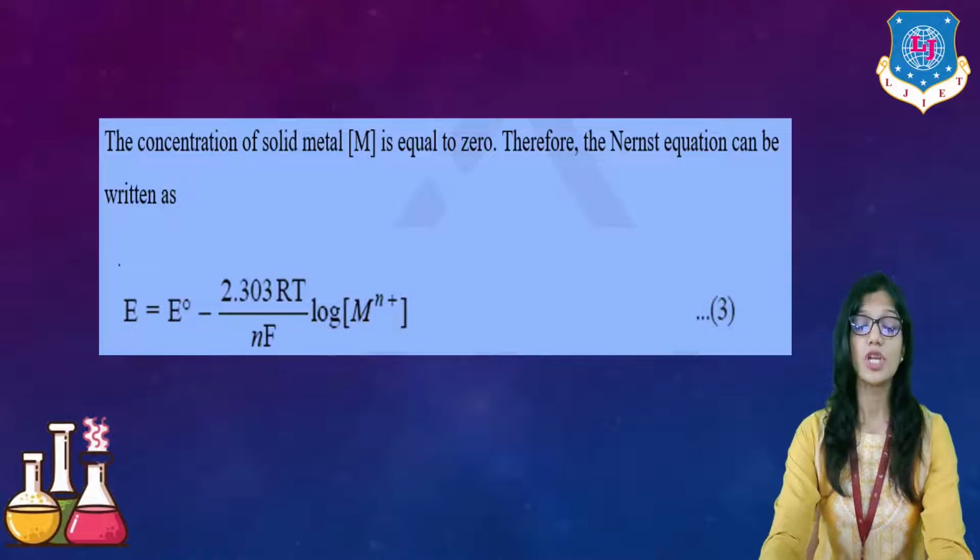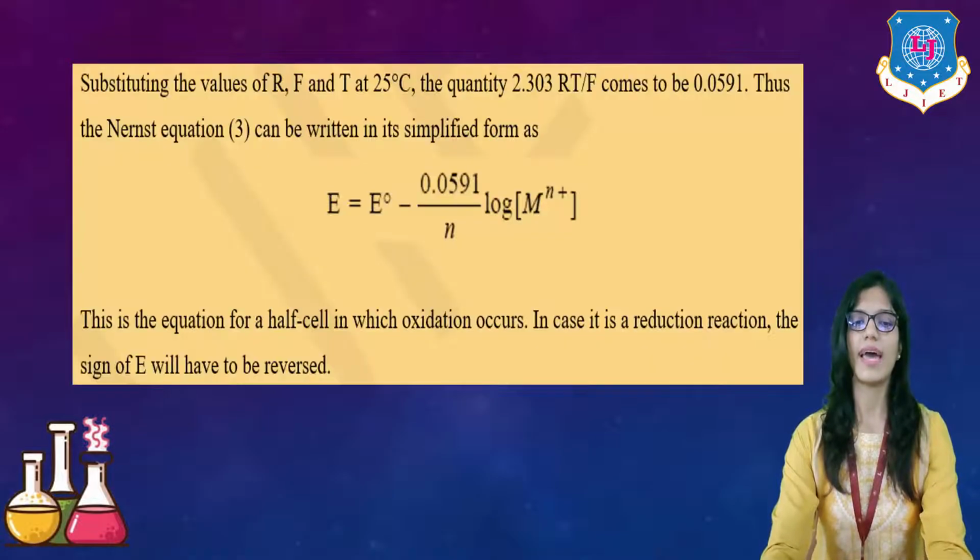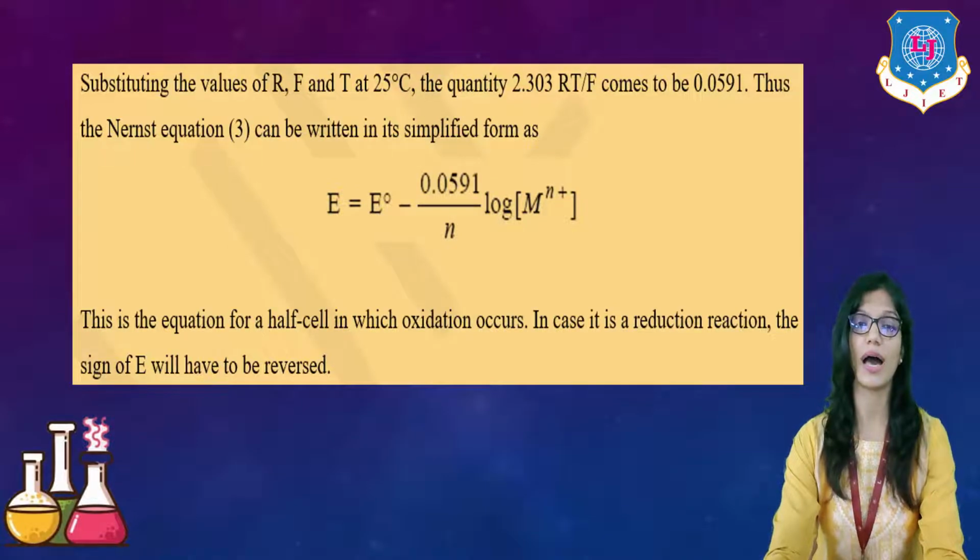Now substituting the values of R, F and T at 25 degrees Celsius, the quantity 2.303 RT by F comes to be 0.0591. Thus, equation number 3 can be written in its simplified form as E is equal to E0 minus 0.0591 divided by n into log of the concentration of M n plus.